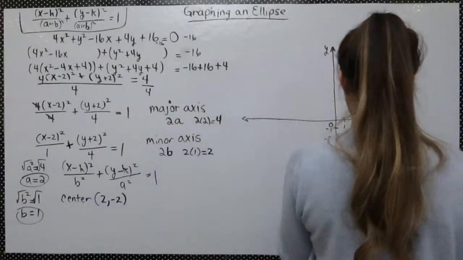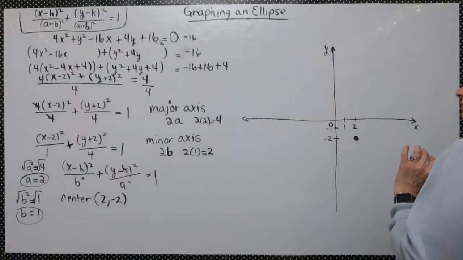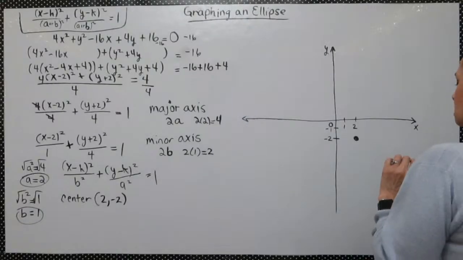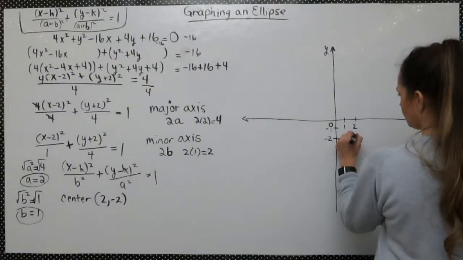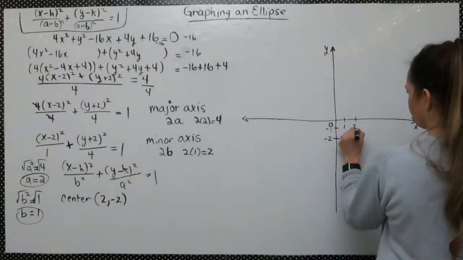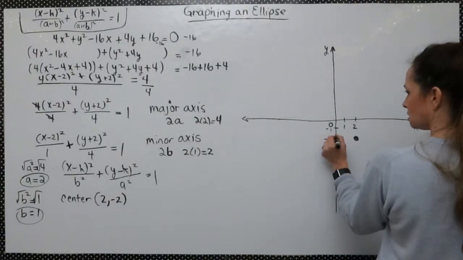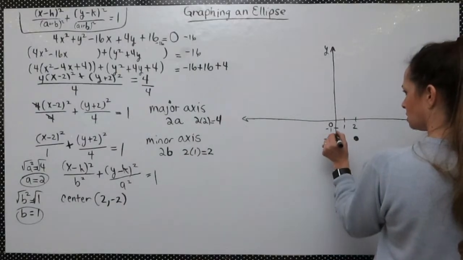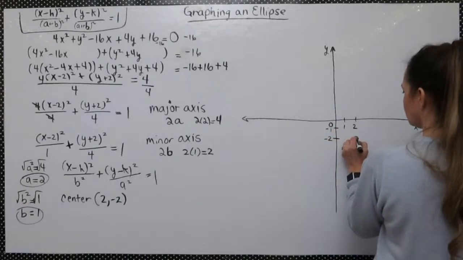So the way that you figure out your ellipse, since it's a vertical orientation, it's going to be 4 units long and only 2 units through the center. So I believe it's 2.